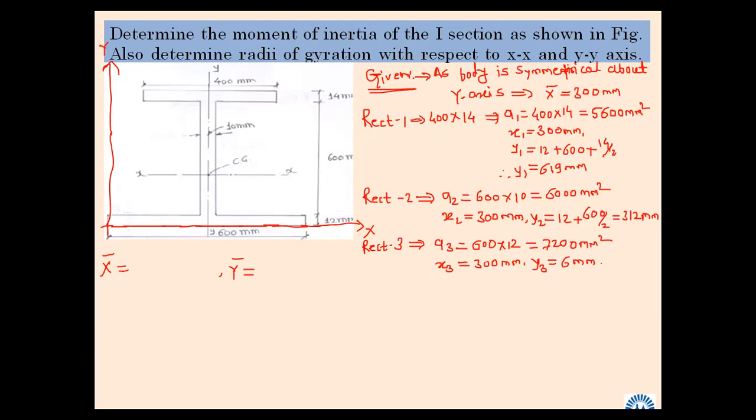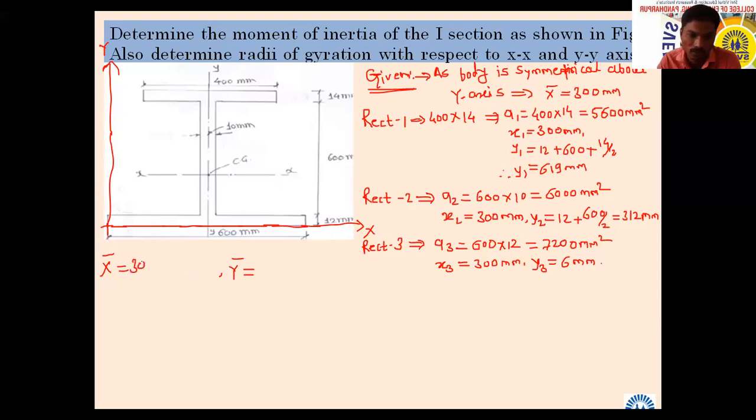Okay, have you calculated? X bar is equal to 300. It will come because in the first step itself we have written it. It should come 300.